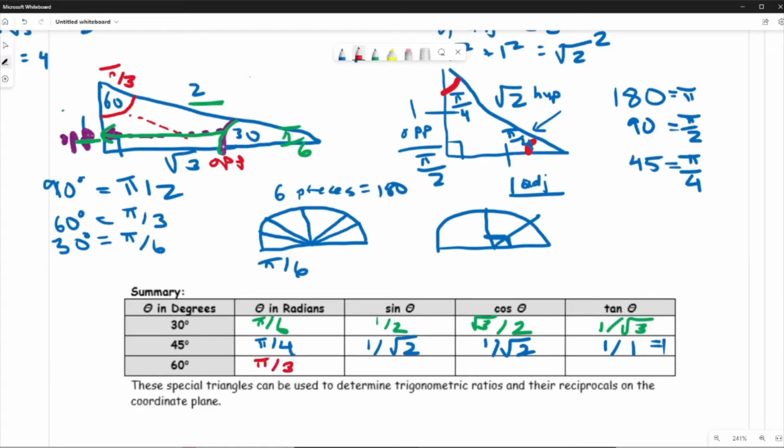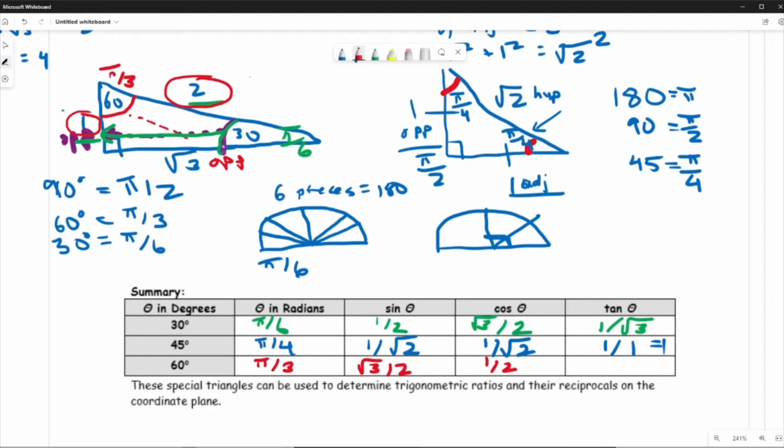Okay? Now to finish this off, we'll look from the 60-degree angle, which we can now describe as pi over 3, or 1/3 of a semicircle. The sine of such an angle would be root 3 over 2. The cos of the angle would be the adjacent divided by the hypotenuse, which would be 1/2.